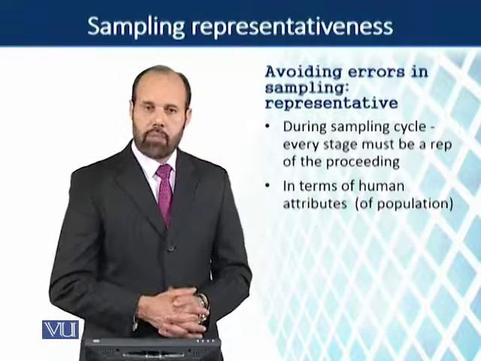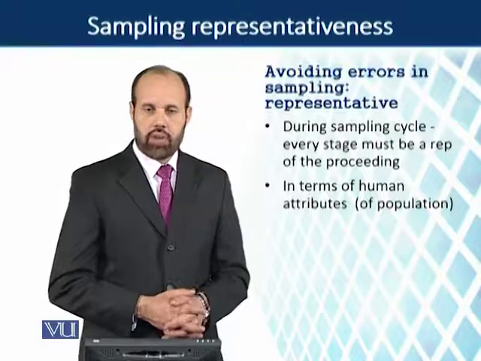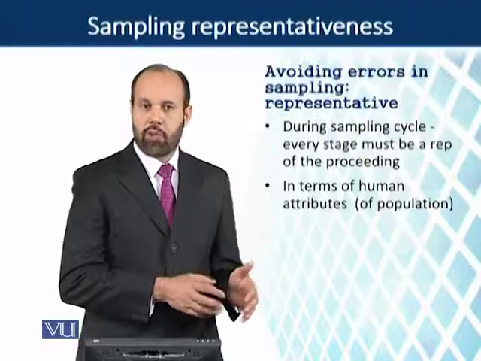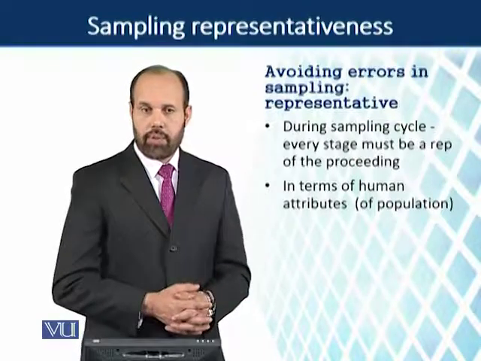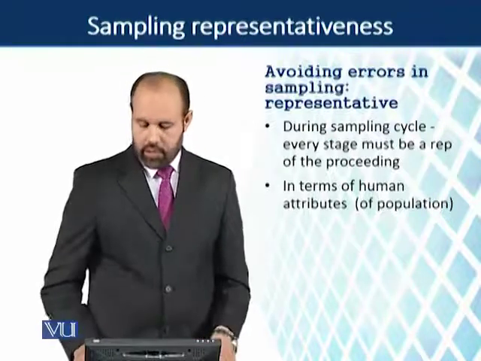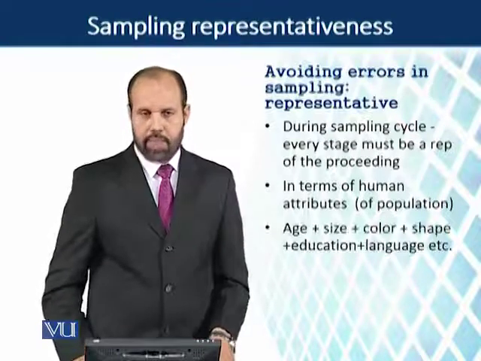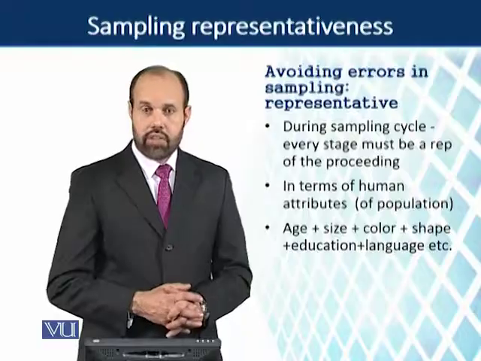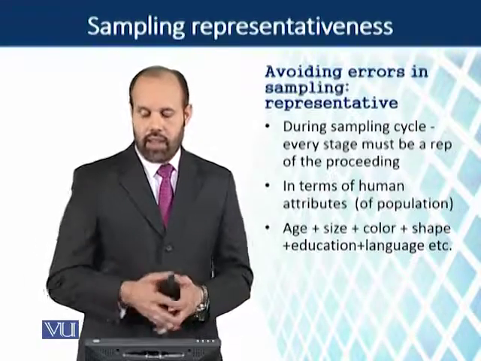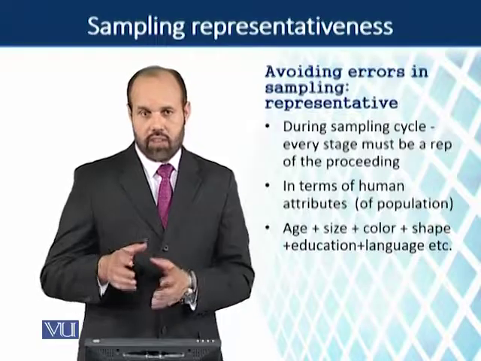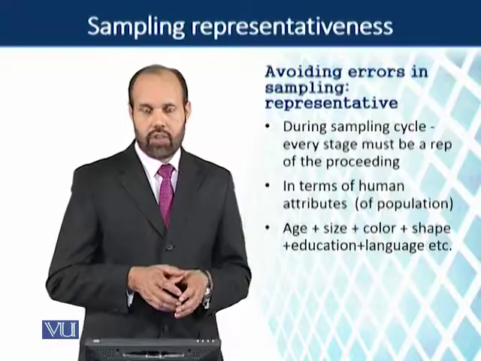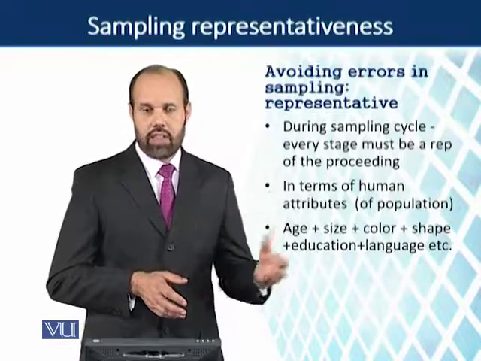While dealing with human beings, we must make sure that those features of the population which are under exploration, which are under study, are reflected in the samples, right? For example, the age group of the population is reflected in the sample, and then the size of the sample is appropriately taken, and it is a true representation of the population.